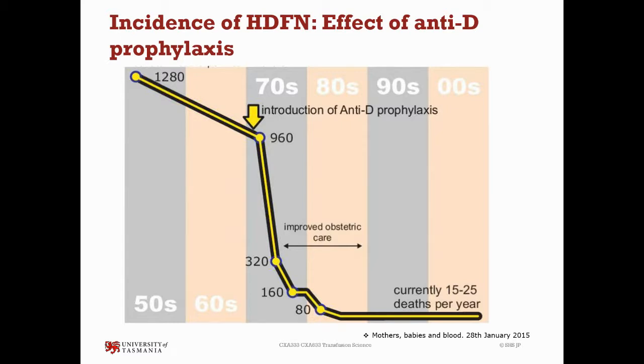In fact, I think the person who discovered that this actually worked won a Nobel Prize, because you can see before the introduction of anti-D prophylaxis, in the 1950s, there were over 1,000 babies affected by hemolytic disease of the fetus and newborn every year. And since the 1970s, that has dropped right down. And so now you might have 15 to 25 deaths per year. So a lot of babies' lives have been saved, and the mothers as well.